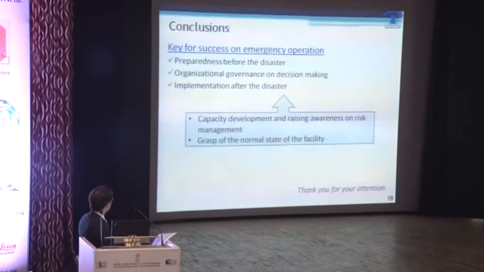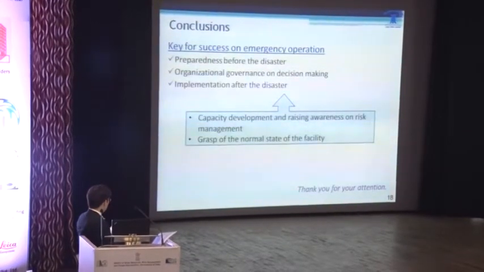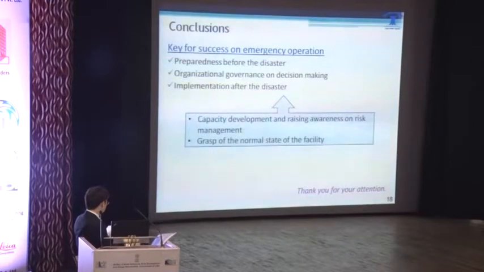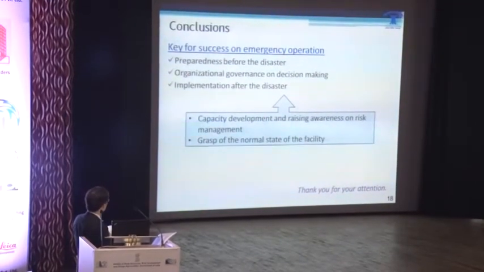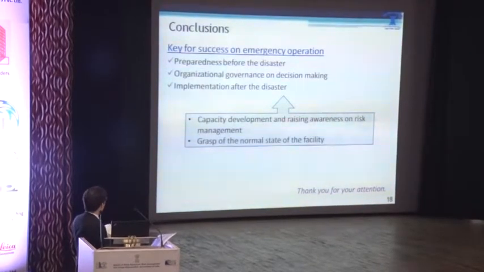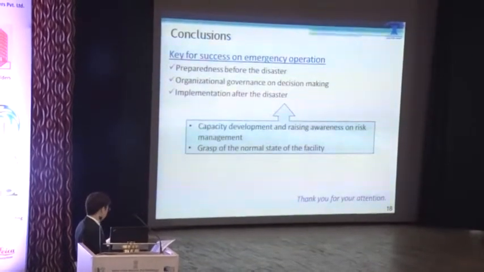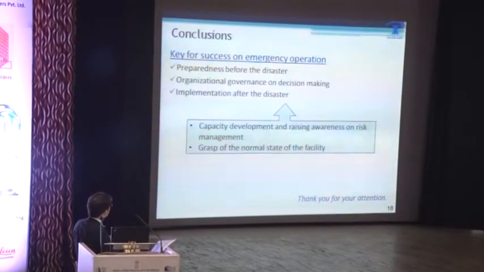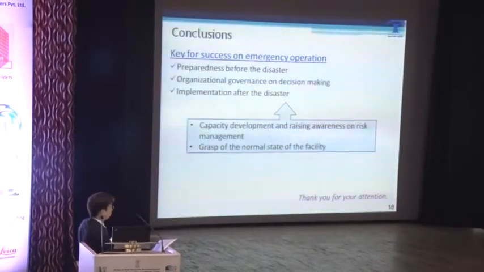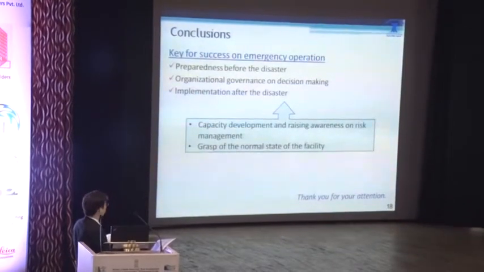I move to the conclusion. For the conclusion, I'd like to show the keys to the success of emergency operation. Firstly, preparedness for disaster is very important, like making a plan and continuous measurement to collect data and make a graph like that.